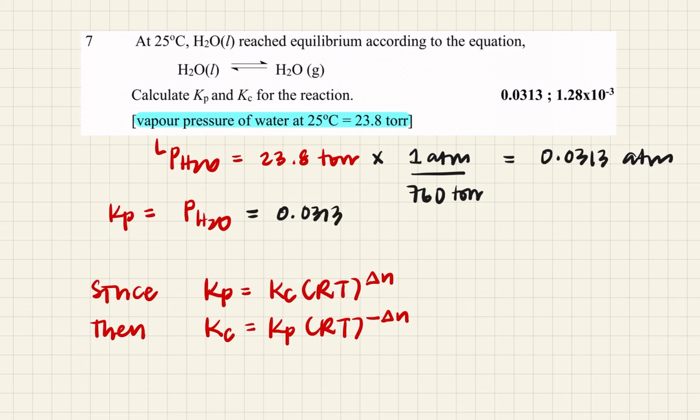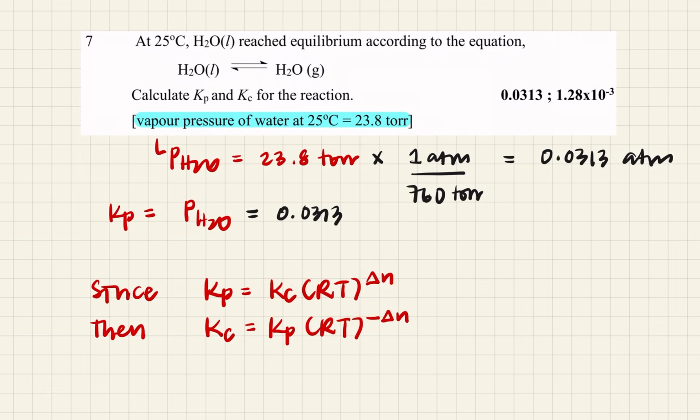Alright, so next we want to find Kc, but we do not have any of the concentrations. We don't have the concentrations of water. So that means you are going to relate using this formula, since Kp equals to Kc RT to the power of delta n. Then to find Kc, you bring this down to here.